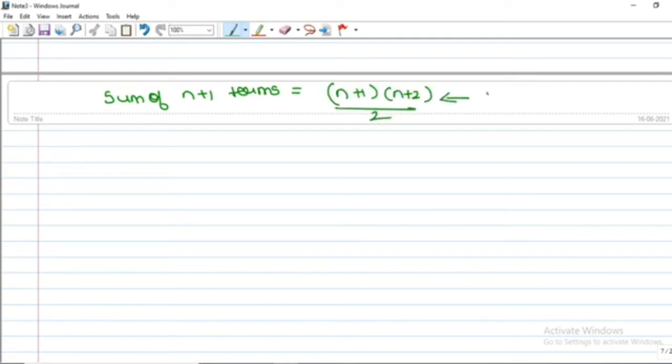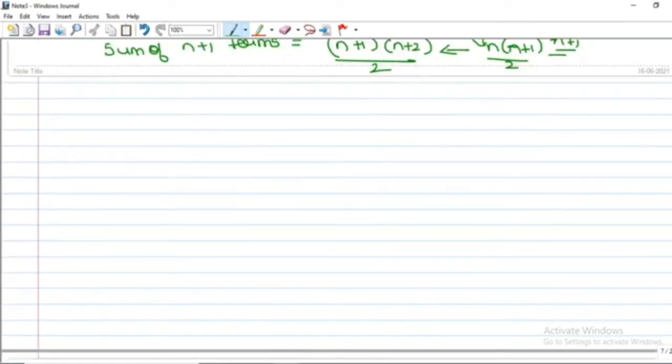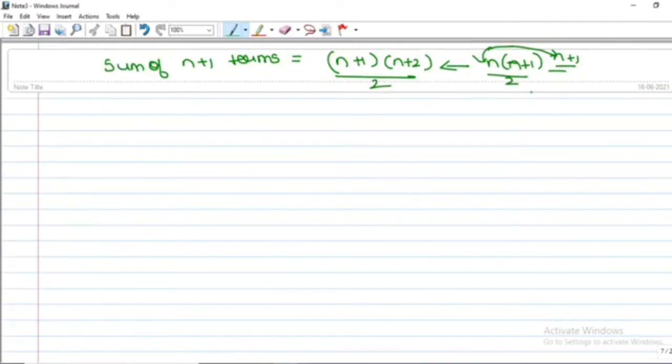What I did was, in n into n plus 1, which is the sum of n terms, n is replaced by n plus 1, because here n plus 1 terms are there. This is just general information you should know. You don't need to remember this sum of n plus 1 terms. I'm just telling you so that you don't miss anything.